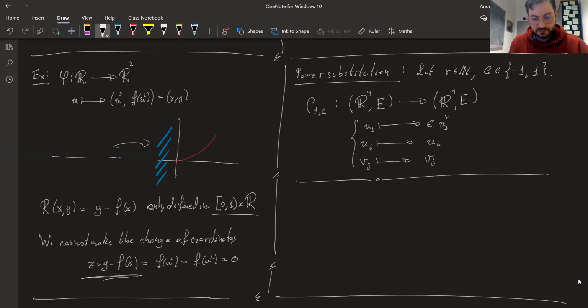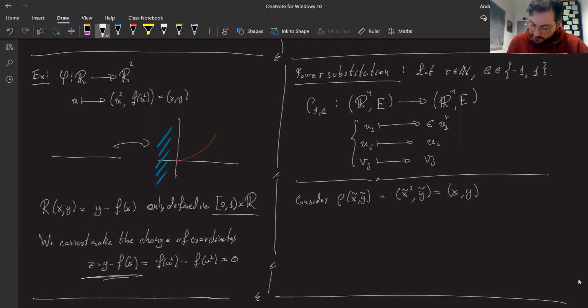So we're going to consider x tilde, y tilde, with x tilde squared, y tilde, which is this xy from the beginning.